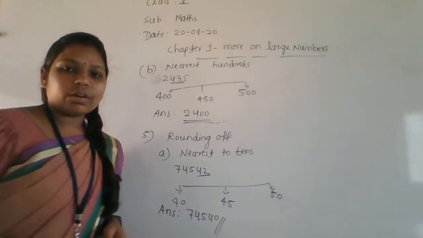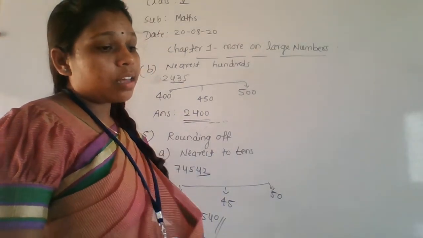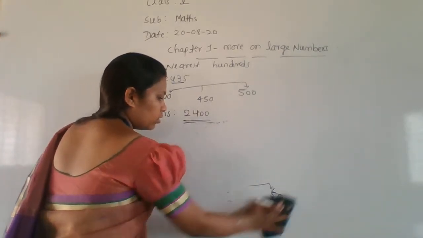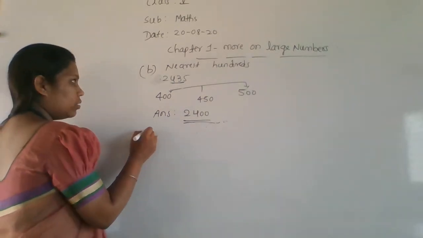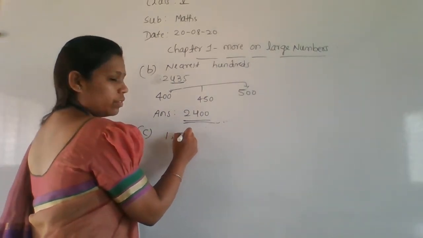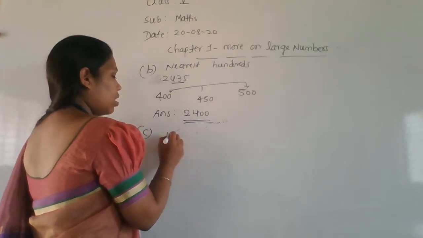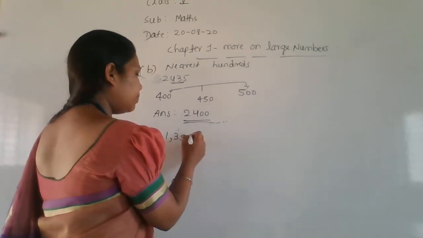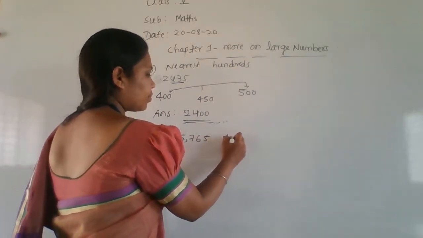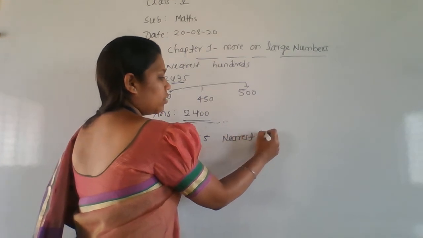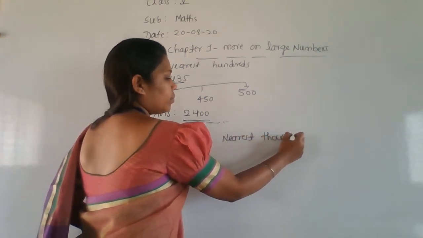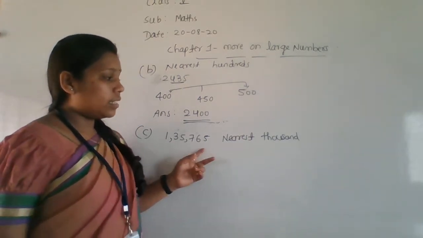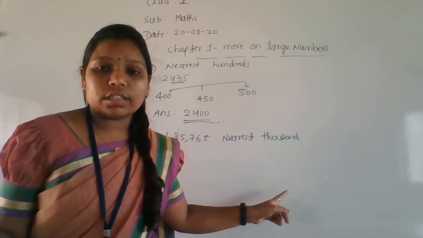Okay, getting everyone? Okay, we'll move to the next question, that is the c one. C question. Here c one is 1,35,765 to the nearest thousand value.